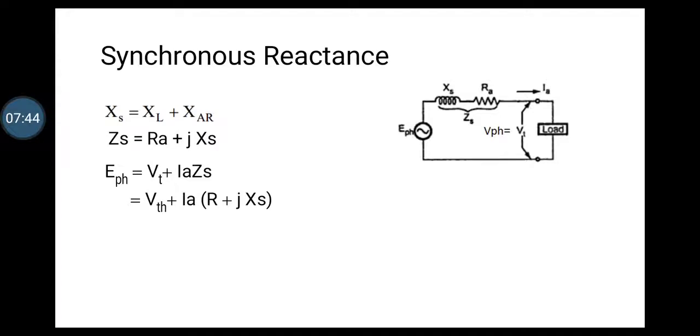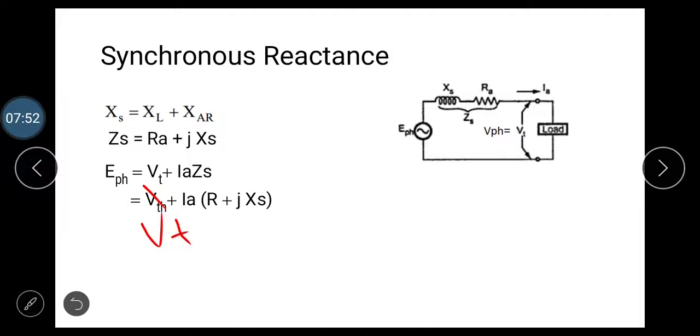Here you have to notice this is Vt only. Combining together provides the equivalent circuit. The equivalent circuit contains armature resistance plus synchronous reactance. The vector sum of both we call the impedance of the circuit. Thank you.